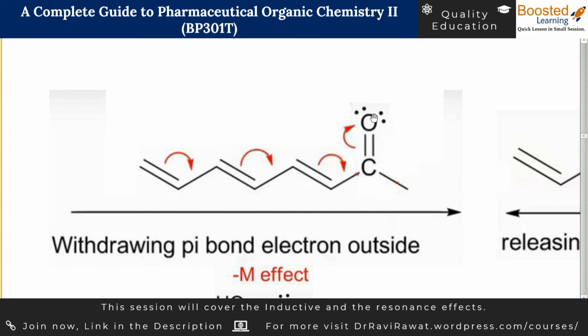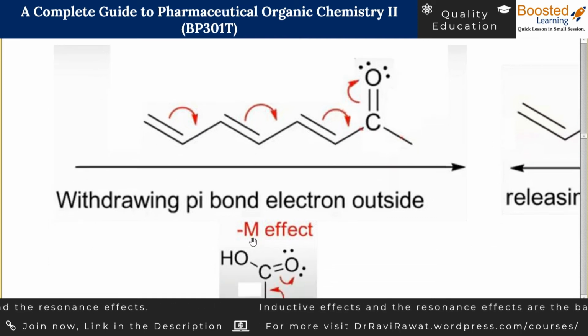So what it can do, through the pi electrons, it is going to pull electron density on itself. So there must be conjugation and one electronegative atom. So the effect that would be there would be negative mesomeric effect. You can also call it negative resonance effect.